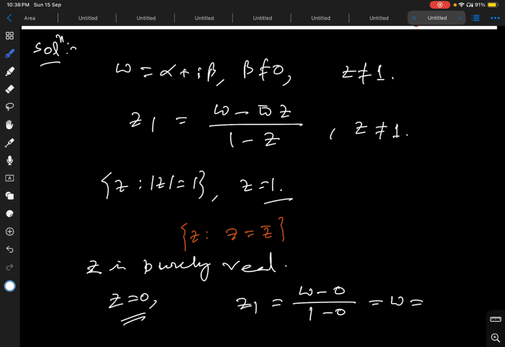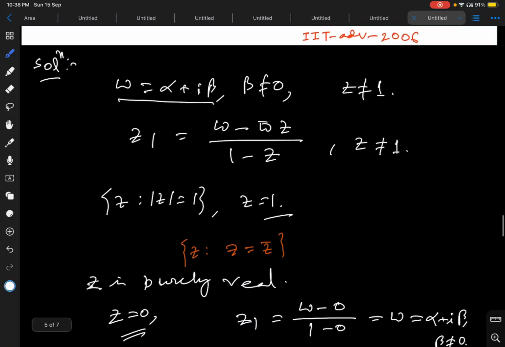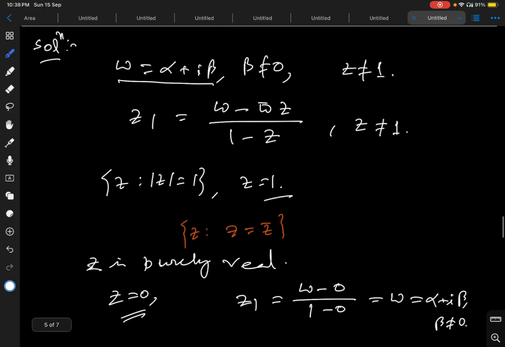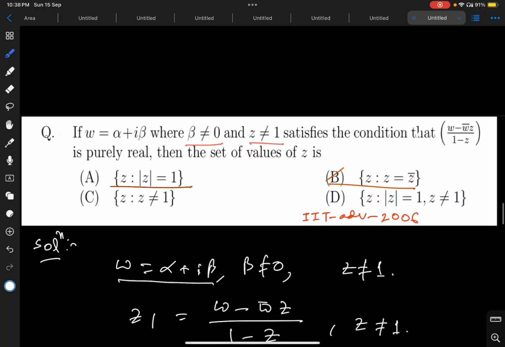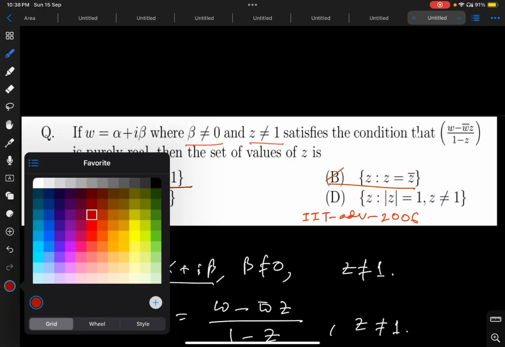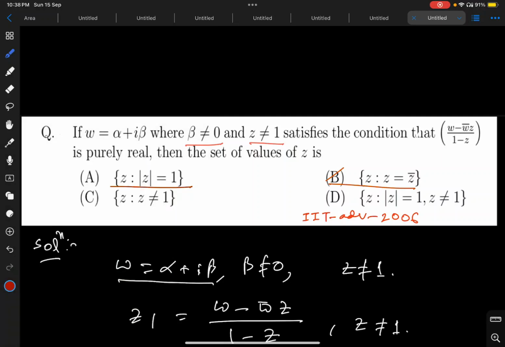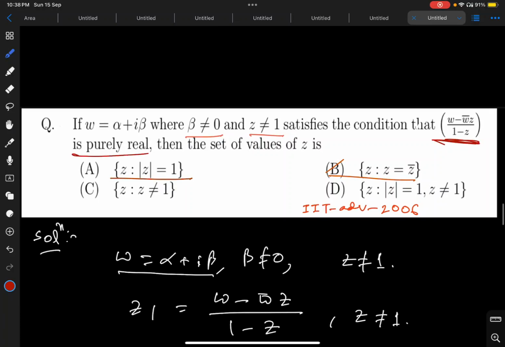And what is the form of omega? Omega is clearly alpha plus i beta, and beta is non-zero. So z1 becomes an imaginary number, but in the given problem it is given that this complex number, which we let as z1, is purely real.